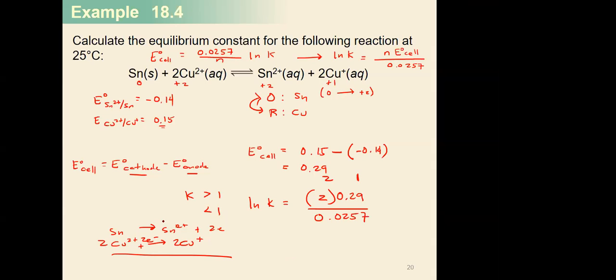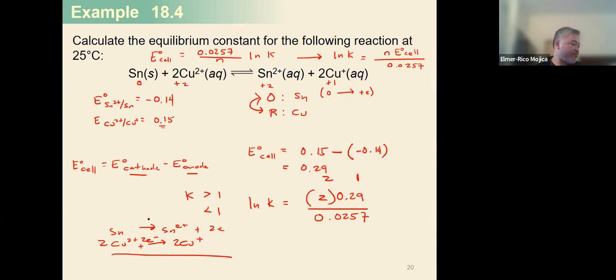You see why it's 2? Anyone? You see why N equals 2? Because you have 2 electrons on this side and 2 electrons on the other side when you balance it, which gives you the overall reaction like that. Okay, do the operation.